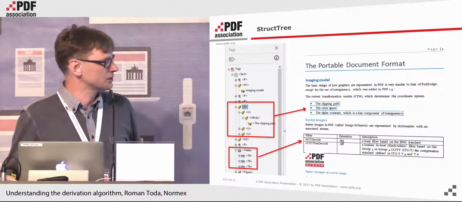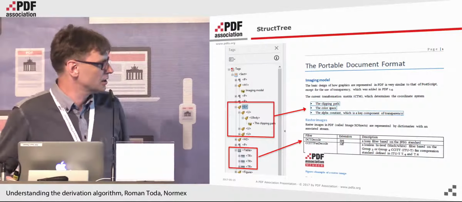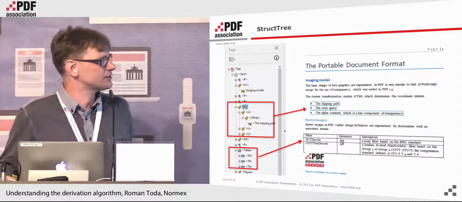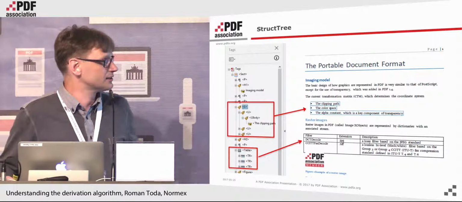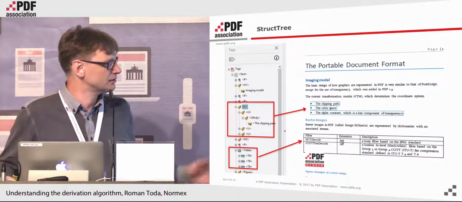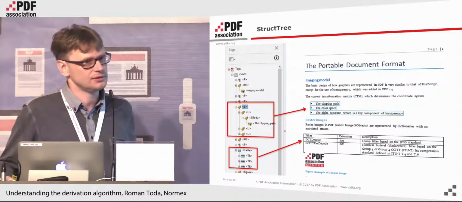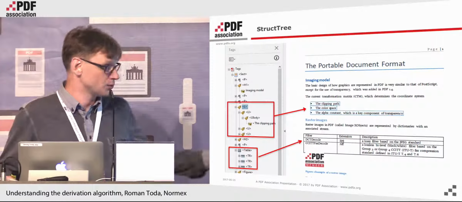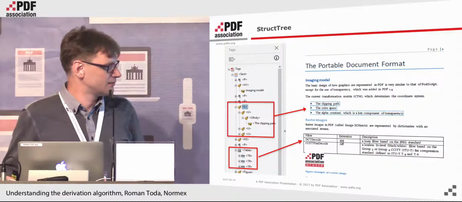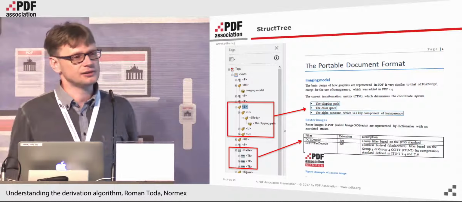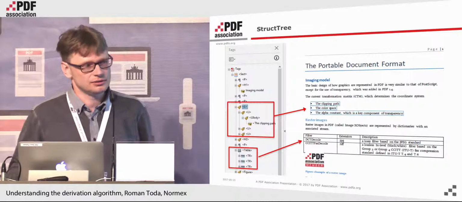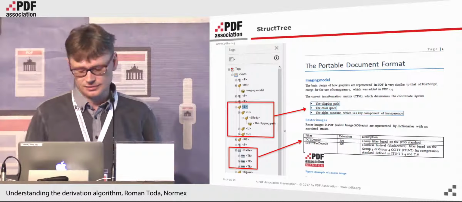If we look closer at a couple of structures here, we can see that even lists are very well defined. I have a list, I have a list item, I have a body, and this is all in the PDF language, as well as a table. A table contains rows, so we have a language to precisely describe the structure, the semantics of a file.